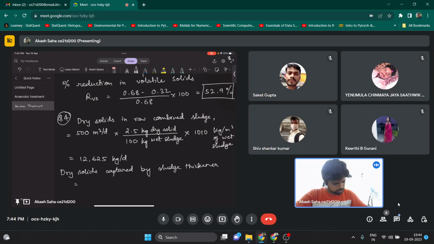This will be equal to 0.85 into 12,625, which is equal to 10,730 kg per day. So at first my dry solids are coming as 12,625, and from it 85% is getting captured in the sludge thickener.